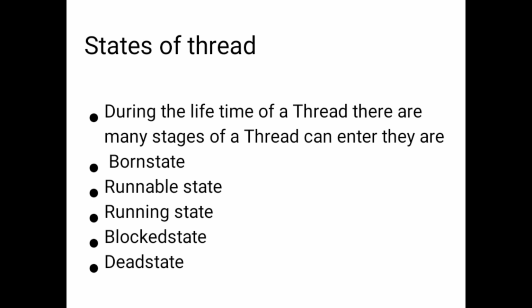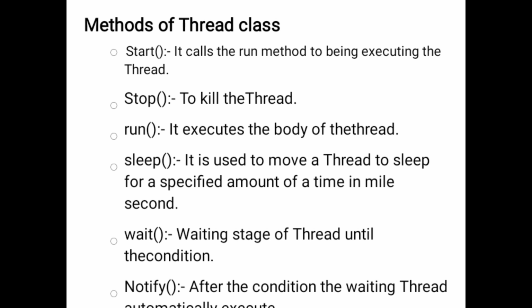So we learned these different states of the thread. Now we will see different methods of the thread class. We have already learned this also, but we will recall its methods. That is start. This can be called when the thread is being started for execution. Stop is used to kill the thread.